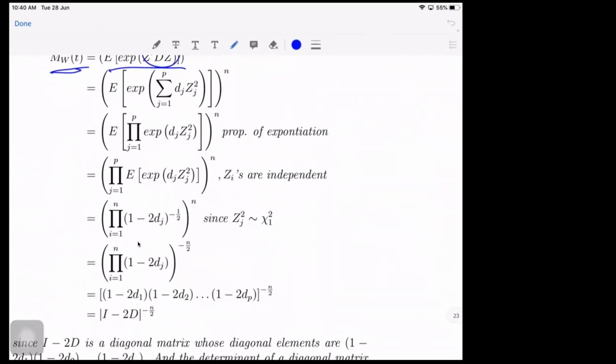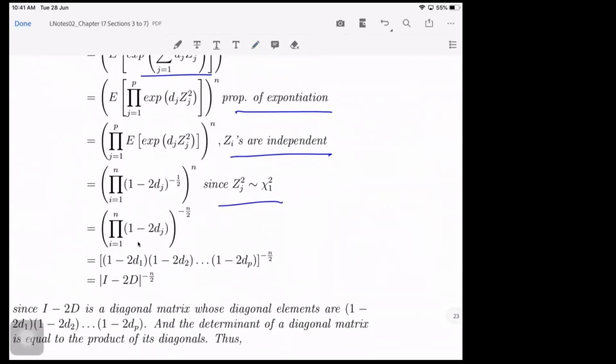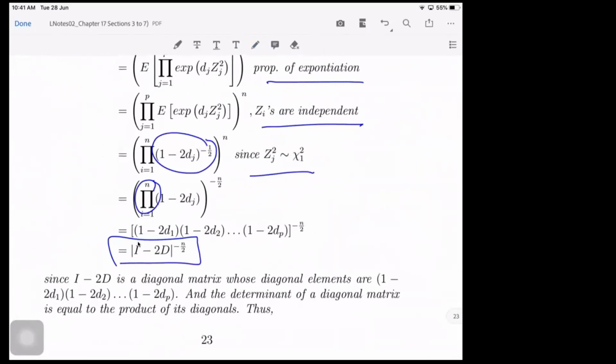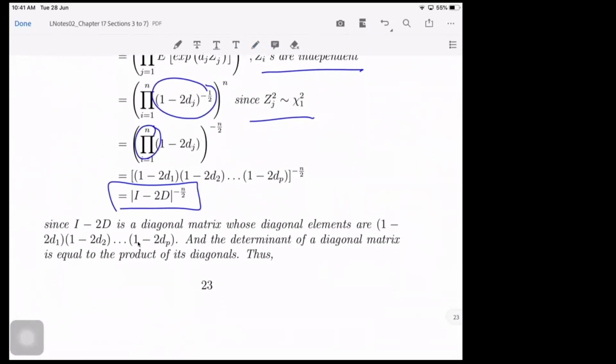And then you can follow through this by these definitions here. So that is the moment generating function, each chi, and then you get the product. That is how we arrive at an identity matrix I minus 2D raised to the negative n over 2.